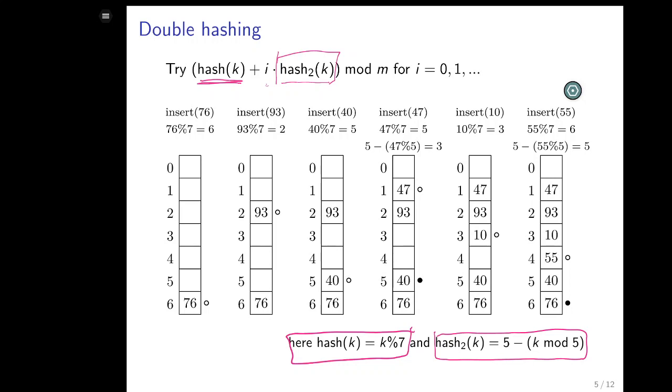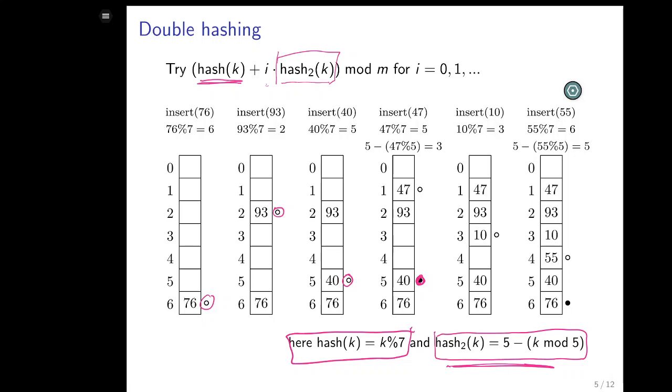Okay, so here we go. We hash 76. Again, 76 goes into this location. Now we hash 93. 93 goes into the same location. Now we hash 40. 40 goes into this location. And then we hash 47. Before 47, we had to march down successively. When we first hash 47, it goes into the same spot as 40, but it fails. And now we increment by the secondary hash function applied to 47.